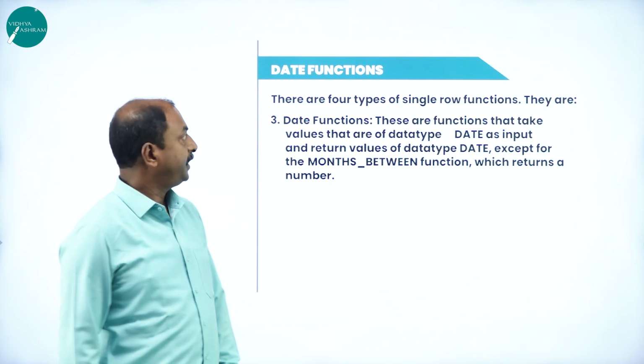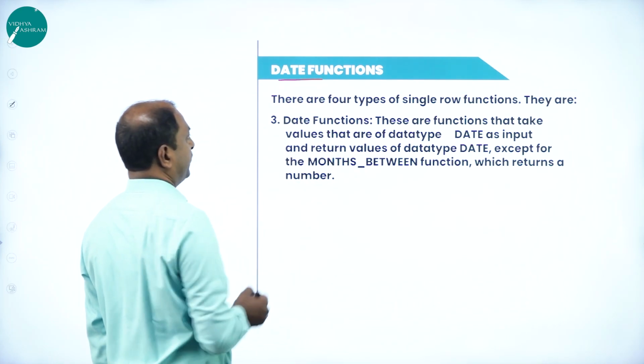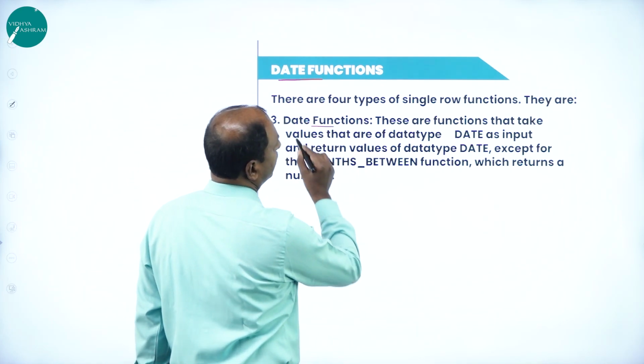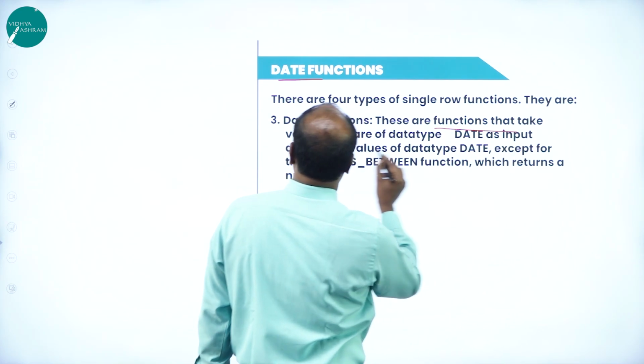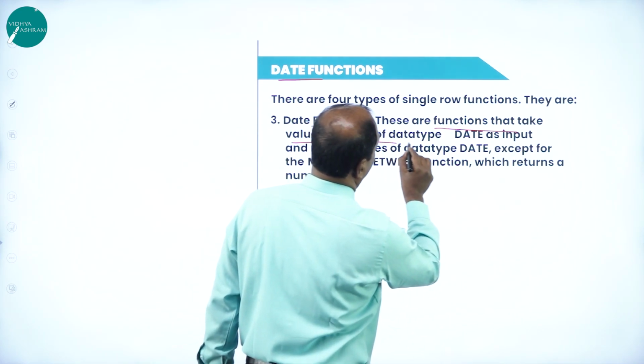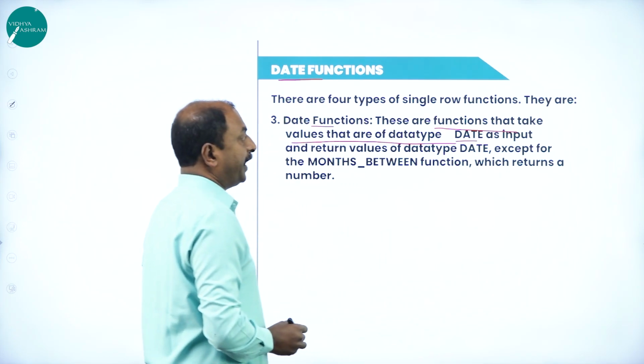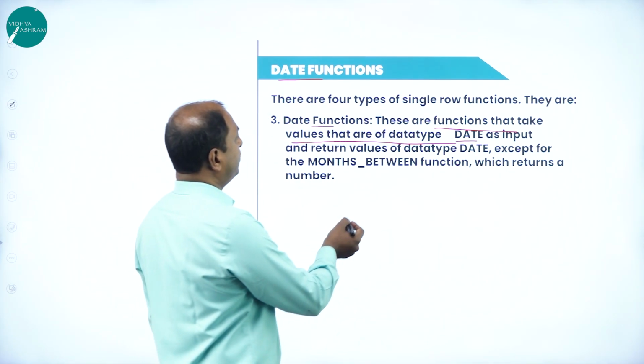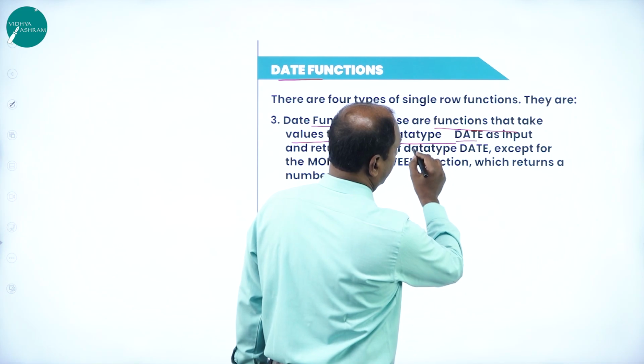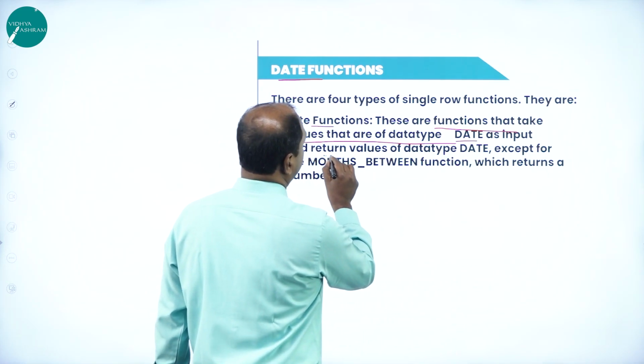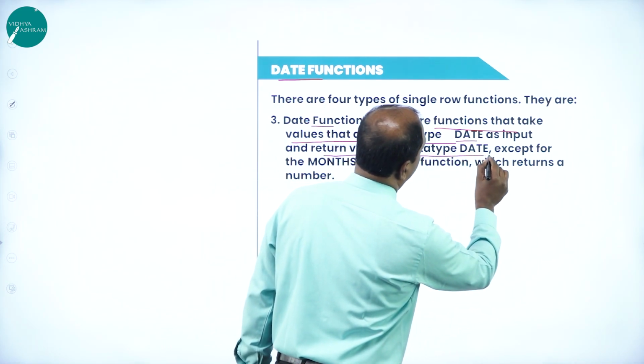Okay, next function is the date function. Date functions are functions that take values of data type date. You know date is a data type. It takes the input as a date data type and returns values of data type date.